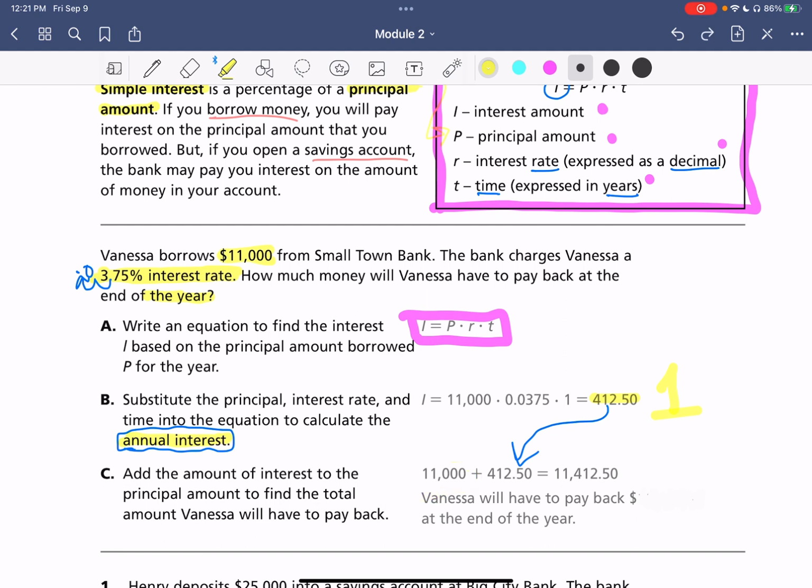So we're adding our principal amount that we took out, plus what we got charged for interest. We add those together, and she will need to pay back $11,412.50 by the end of 1 year.